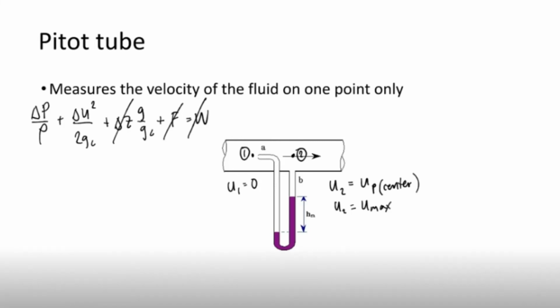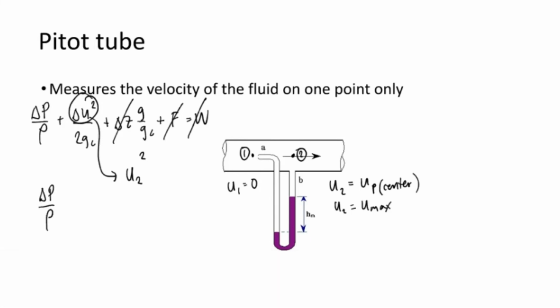And our delta U squared can be simplified to just U2 squared, because U1 is equal to 0, therefore U1 squared is equal to 0. Therefore, your mechanical energy balance simplifies to delta P over rho plus U2 squared over 2gc equals 0.